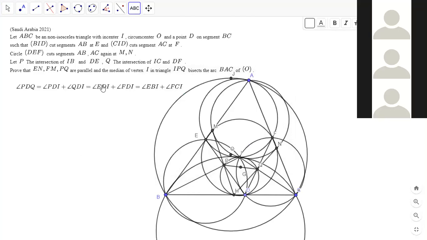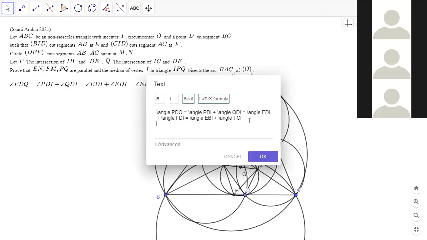And then that's easy to show. Yeah, that's 180 minus BIC. So that means DPIQ is cyclic.